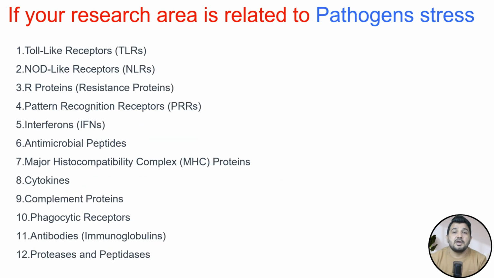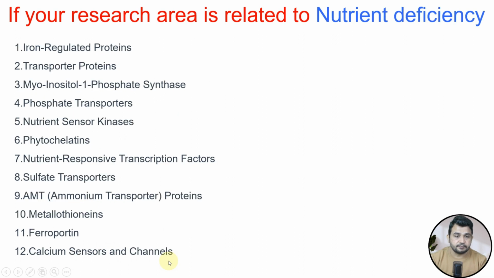If you are working on pathogens, you can select TLR, NLR, and R proteins. You can work on pattern recognition receptors, interferons, antimicrobial peptides, major histocompatibility complexes, cytokinins, complement proteins, phagocytic receptors, antibodies, and proteases and peptidases.